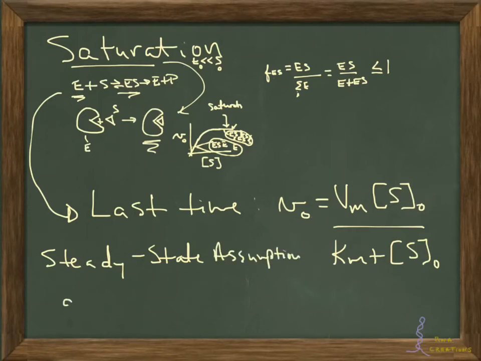The steady state assumption was simply that the change in the concentration of the intermediate with time was 0. And so we wrote down the rate law for that, and we set it equal to 0, and then we solved it, and that's in the notes. And this was k1, this was k minus 1, and this was k2.